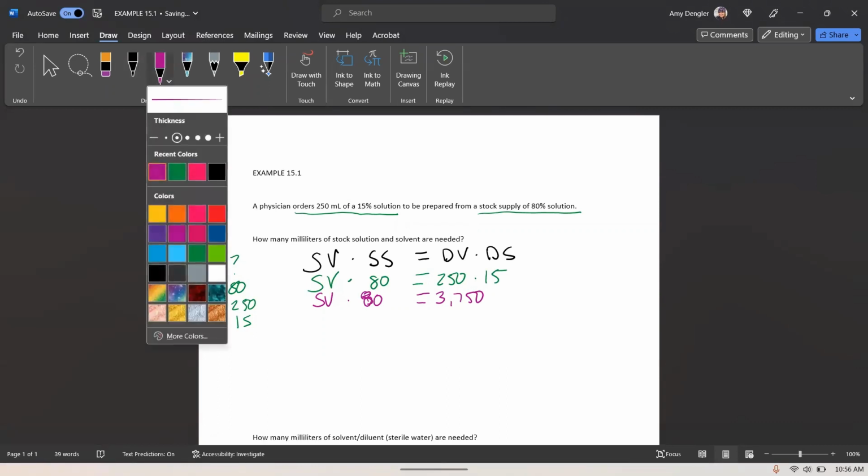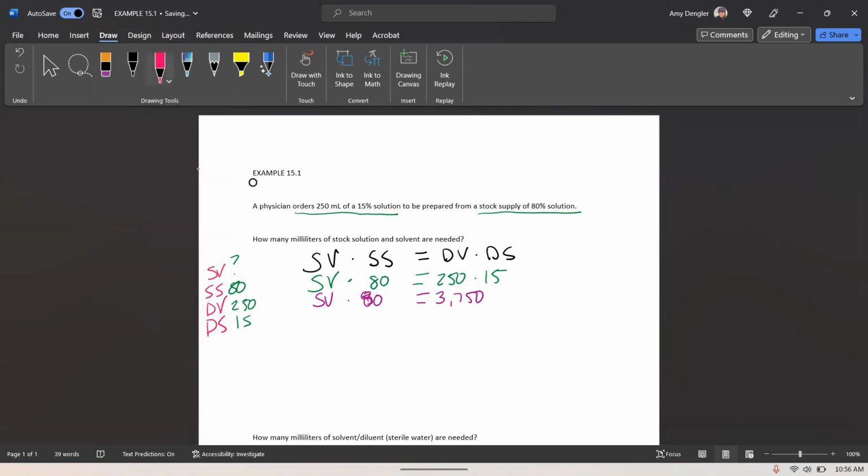And now I want to get SV alone because that's what I'm solving for. So this is basically just the same type of problem like we do our proportions, but just kind of laid out a little differently, but the process is the same. So we want SV alone, so I need to divide both sides by 80.